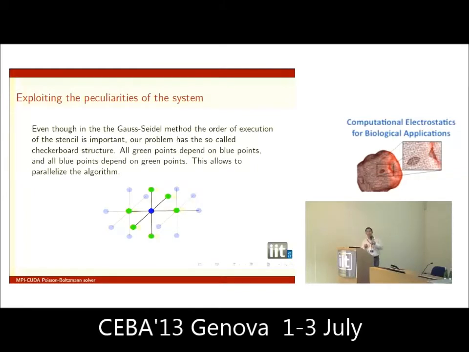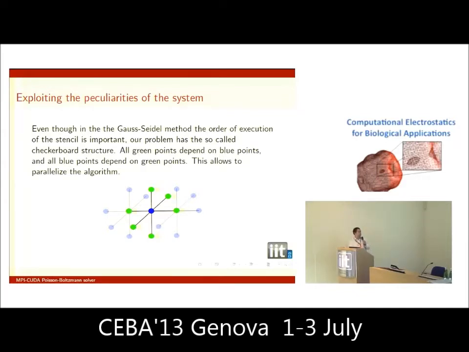Even though Gauss-Seidel requires that all these operations be done in a specific order, we can take advantage of the so-called checkerboard structure. This is important because what we want to do is parallelize the algorithm. If we follow the order, we cannot parallelize it.